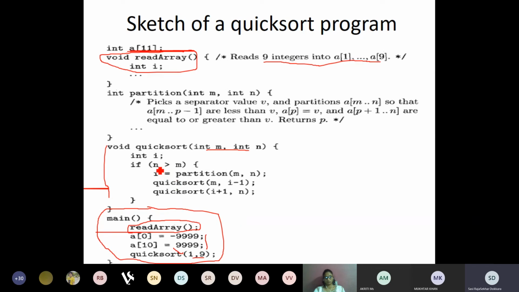Now as long as n is greater than m, we continue the program. You all must have known about quicksort. Quicksort is a program which is going to partition. Divide and conquer is the procedure that is followed by quicksort.